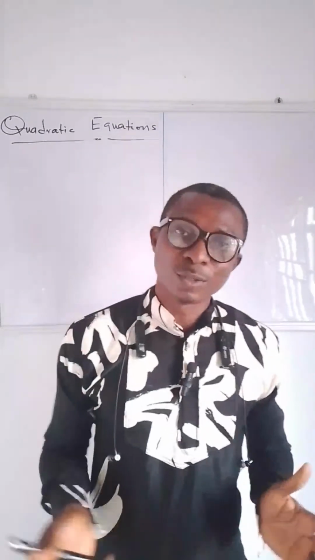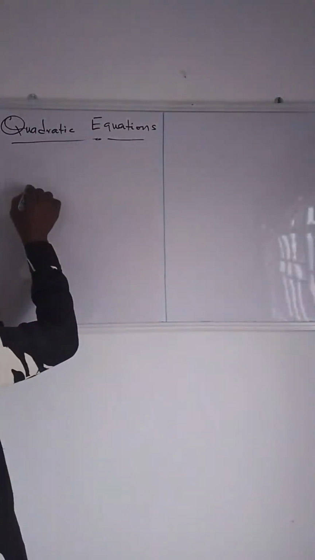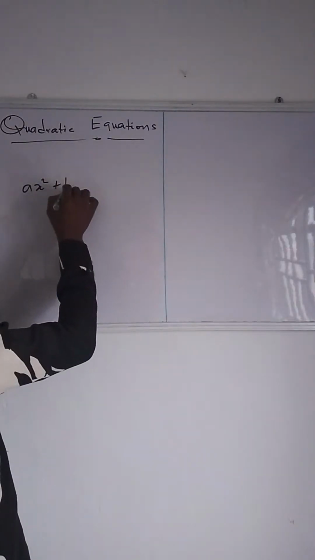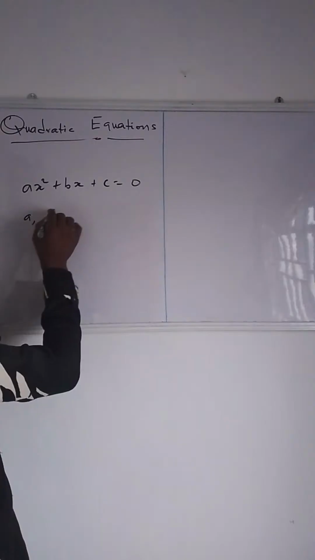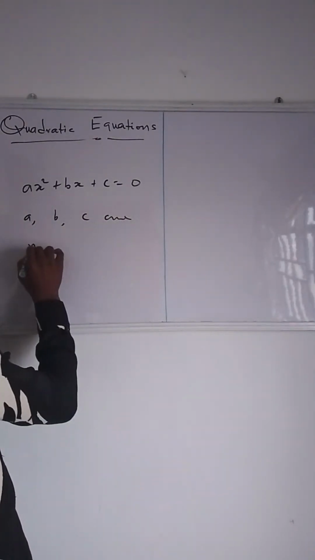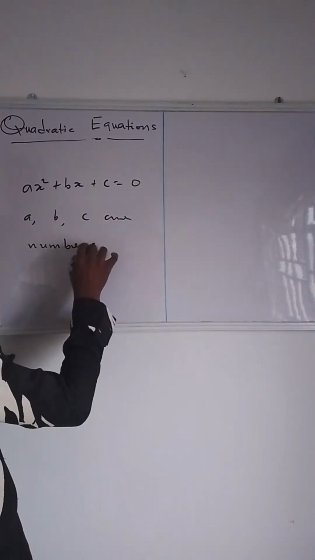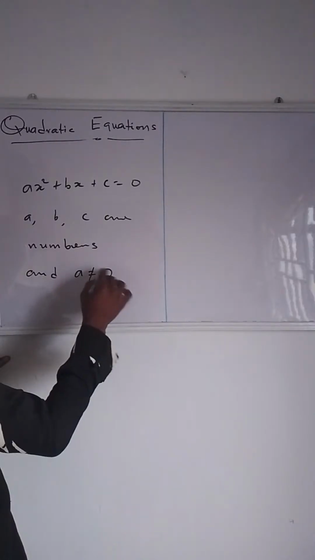Now, a quadratic equation is an equation of this form, where A, B, and C are numbers, and A is not equal to 0.